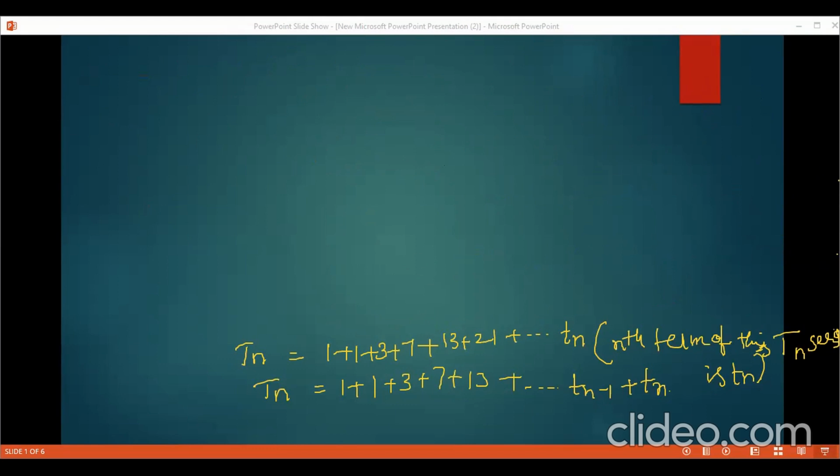Yes. Now you observe, what do we get? By subtracting the above two, we are getting Tn minus Tn is 0, right? Left side is 0 and right side is 1 plus 0, because 1 minus 1 is again 0, right?